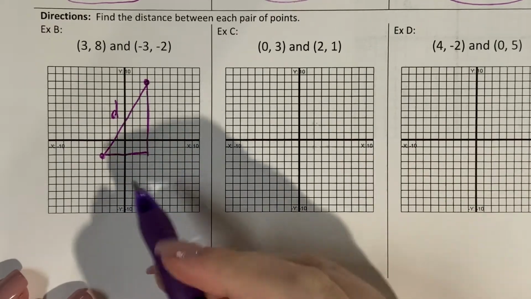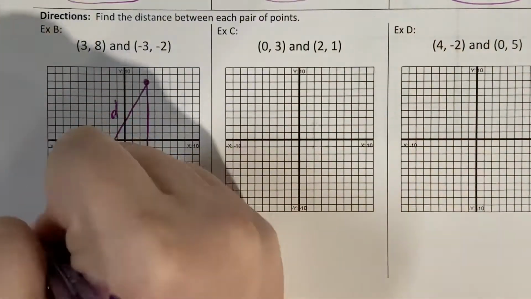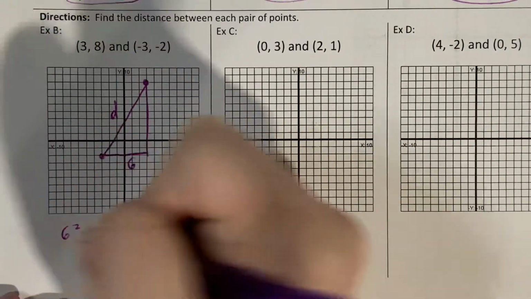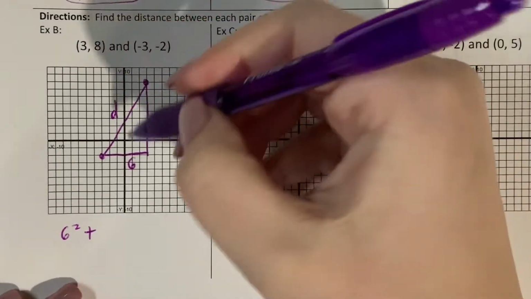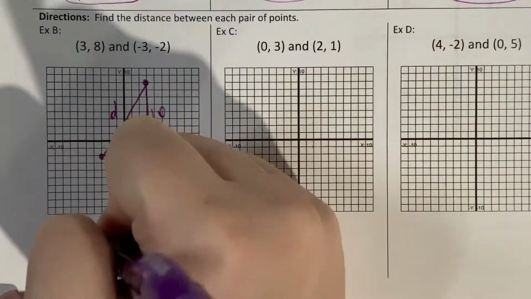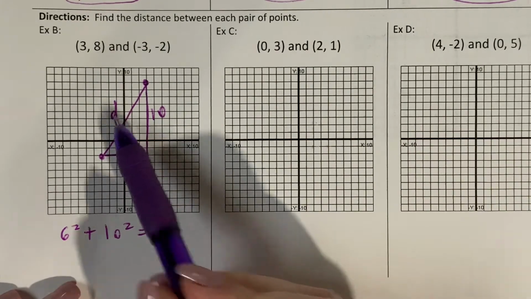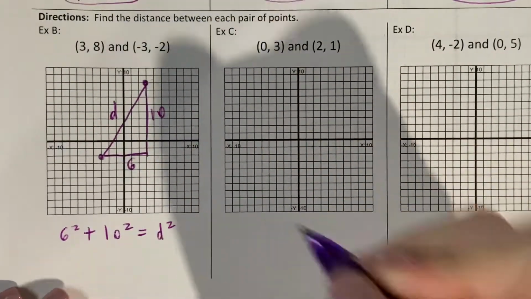So my horizontal distance here when I count is 6 units. So I'll be doing 6 squared plus my other leg squared here when I count is 10 units. So plus 10 squared equals, and in this case, I'm just using the variable d for that distance that we're trying to find.